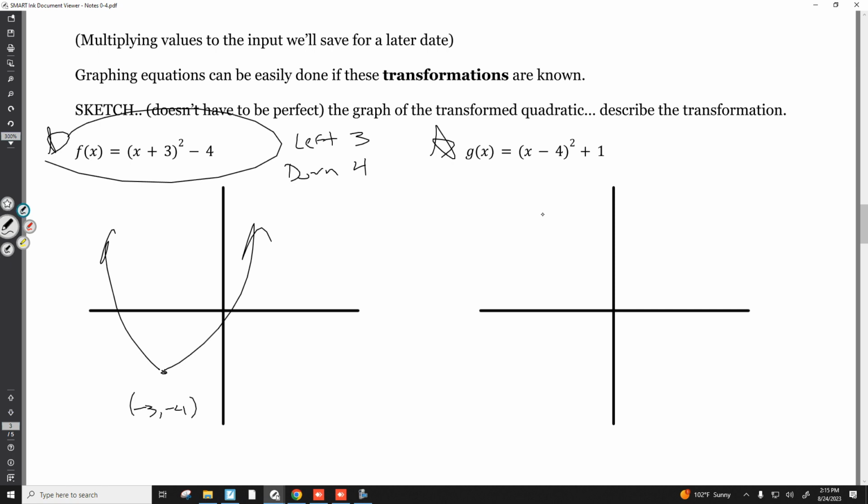Order of operations: parentheses, then the exponent, then the multiplication, then the subtraction. No. It's going to be a vertical compression. You're going to make your y value smaller, and you're going to reflect.